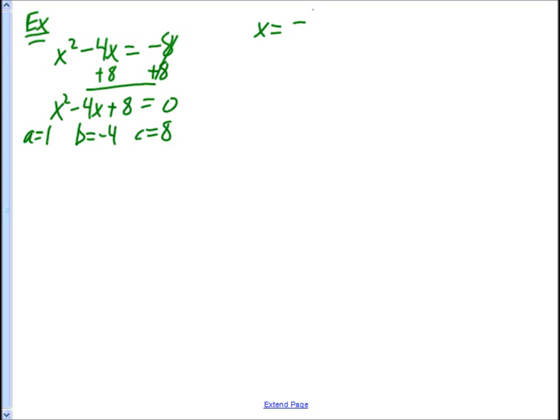x equals negative B plus or minus the square root of B squared minus 4AC all over 2A. Our B is negative 4.